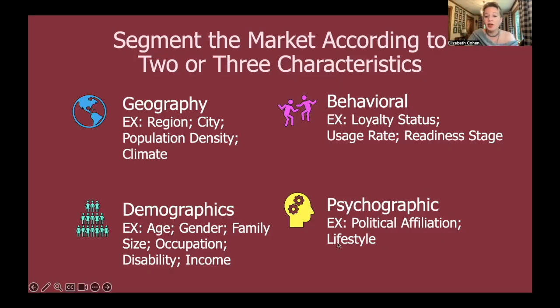And then psychographic things like political affiliation, lifestyle, things that relate to where people are in culture, if you will, right? So, to take the political affiliation example, people with different political affiliations might have different, I'm being delicate here, resistance to certain types of behavioral interventions because they've got some sort of moral conviction against them.